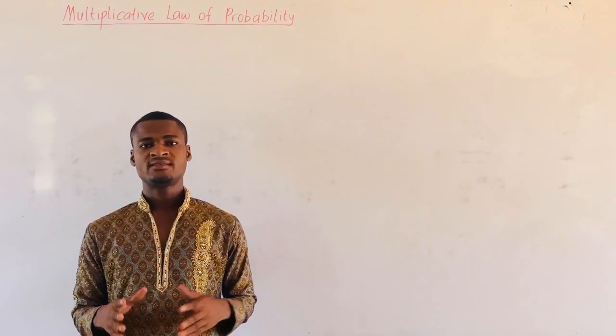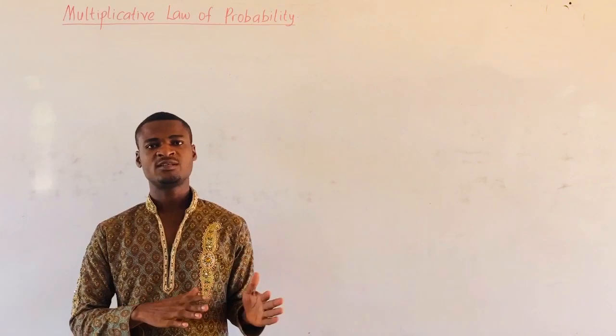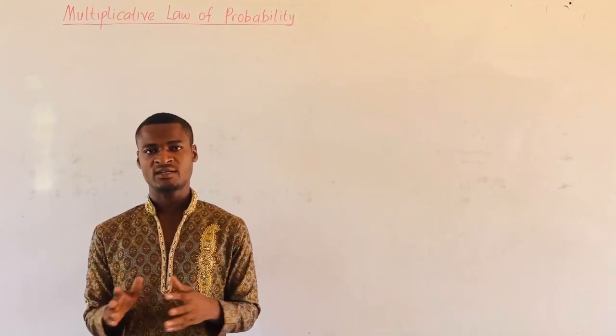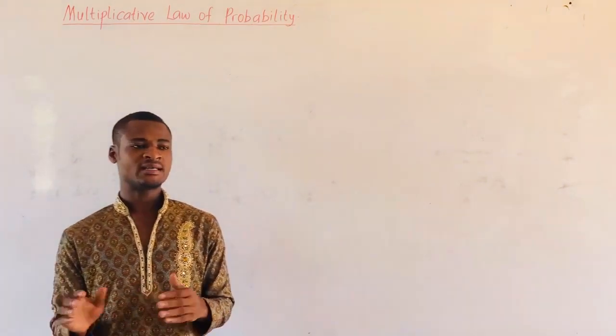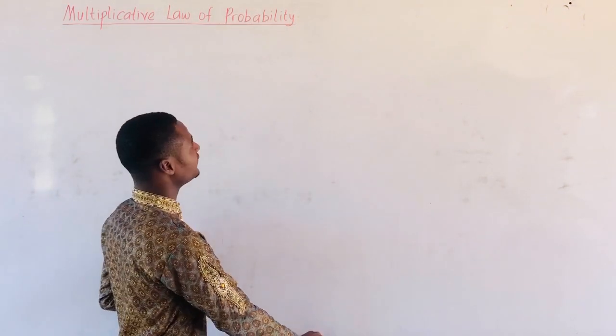Next, we will look at the multiplicative law of probability. Given two events A and B, such that the occurrence of A does not depend on that of B, or the occurrence of B does not depend on that of A, then we say that the events A and B are independent events.